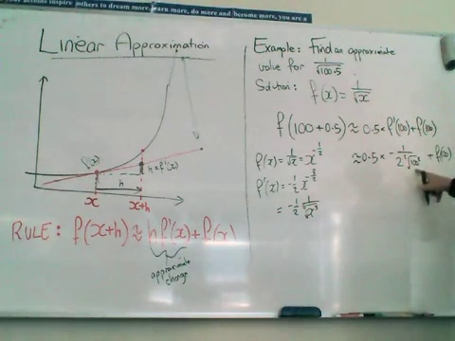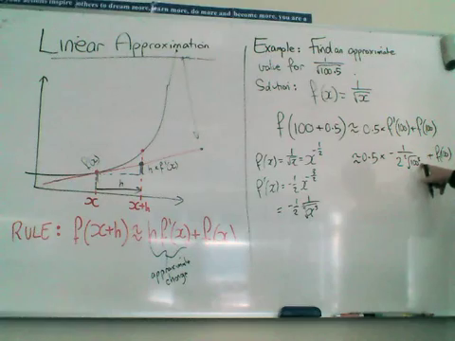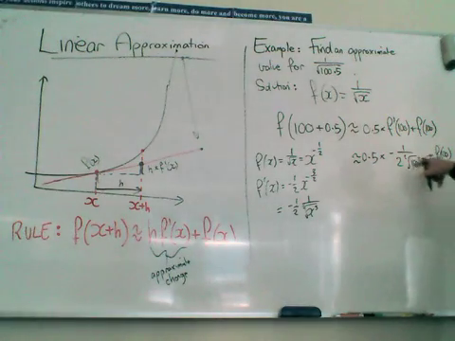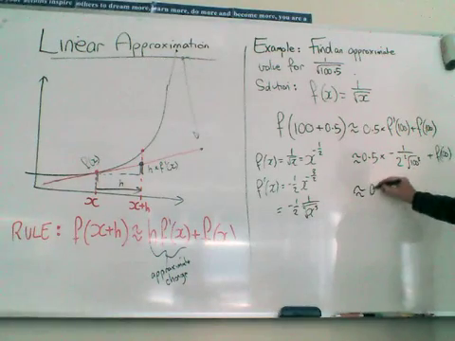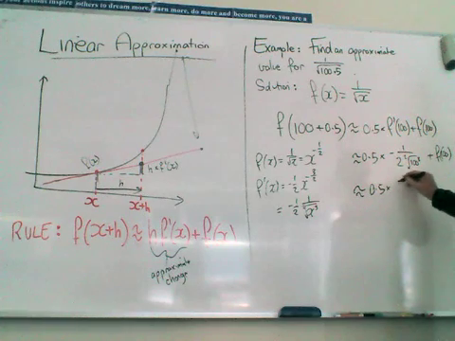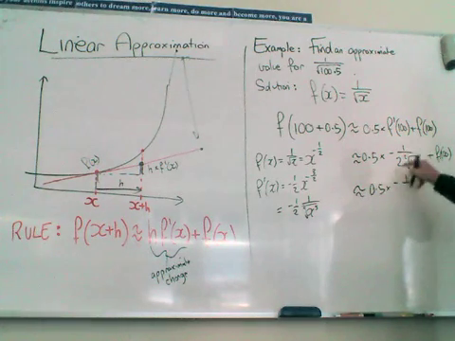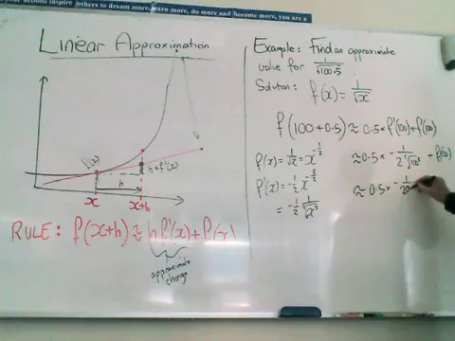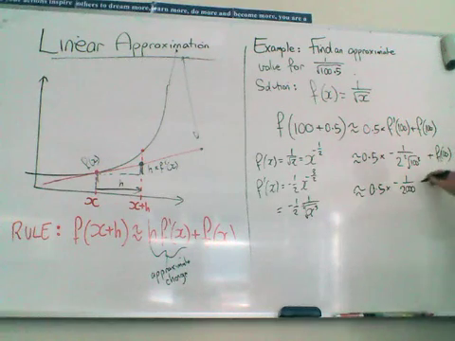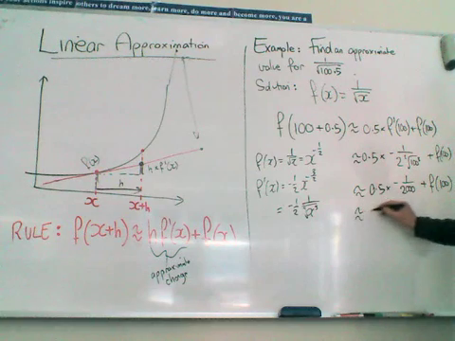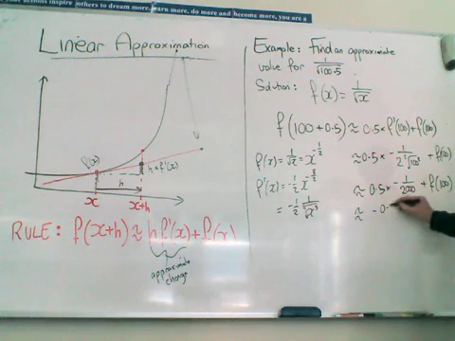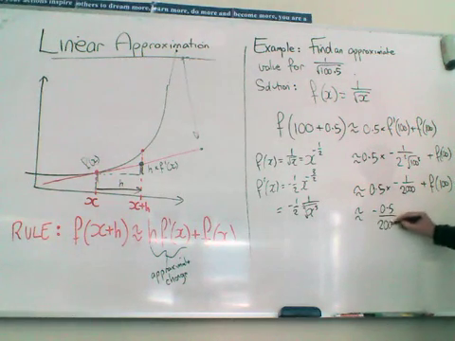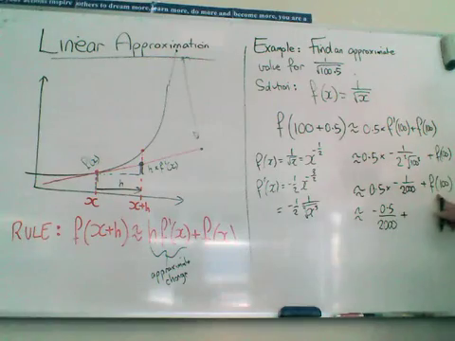Well, square root of 100 is 10, and 10 cubed is 1,000. So we've got approximately 0.5 times minus 1 over 2,000, plus f(100). Approximately minus 0.5 on 2,000 plus, let's work out f(100).